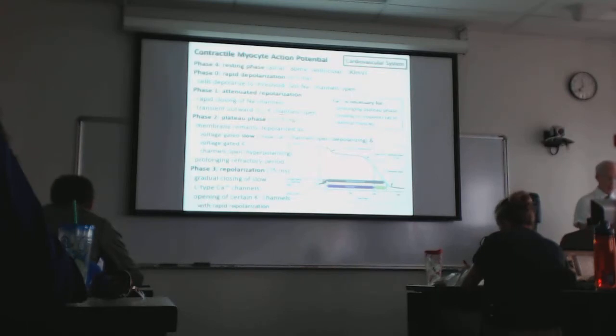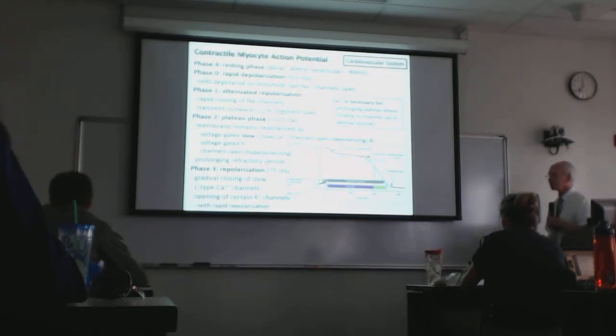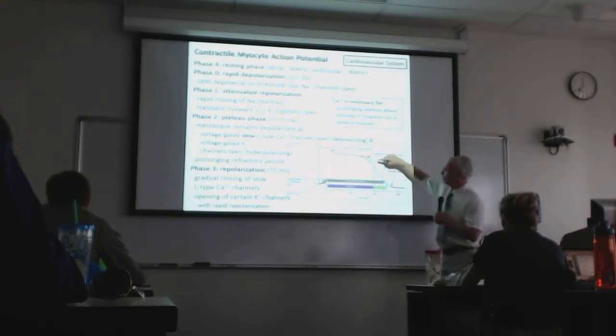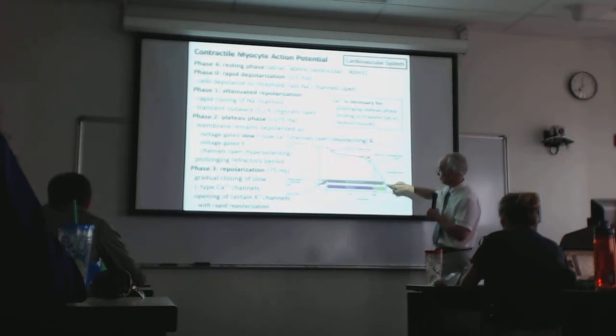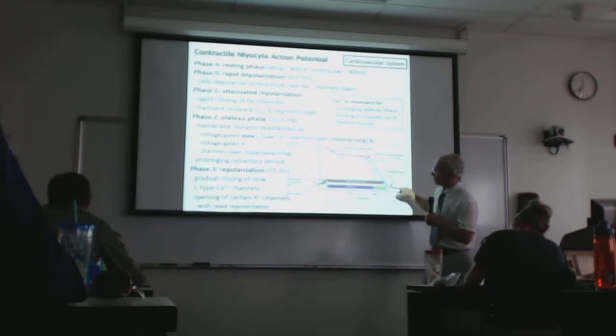And when the membrane potential slowly declines to about 0 millivolts, at about that point the calcium channels close and the potassium channels, or a specific type of potassium channel, remain open and repolarization resumes. And then that takes us back to the RMP.